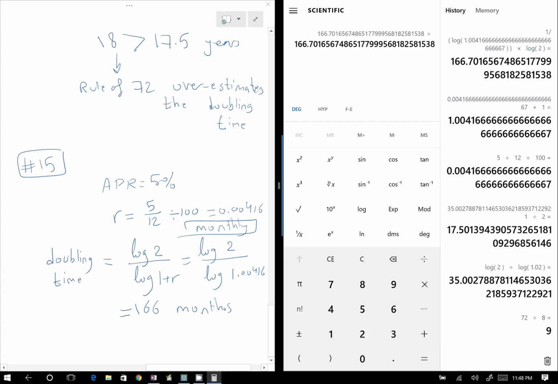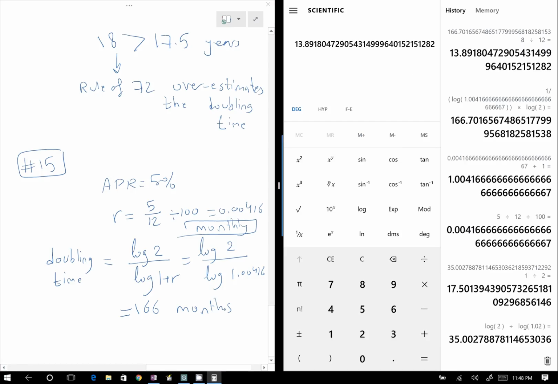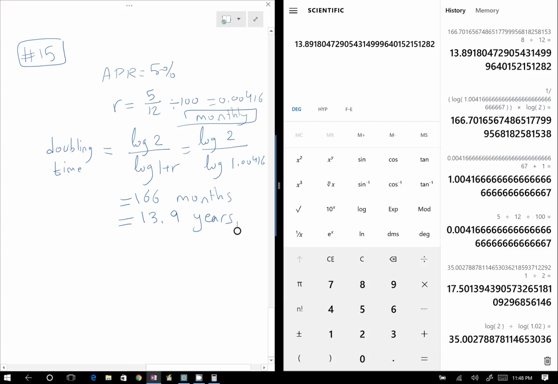Divide this by 12 and you will get 13.9 years. Now what does that mean? The answer requests you to be accurate. So 13.9 years; 1 year is 12 months. The 0.1 of the year is 1.2 months, so approximately 1 month.